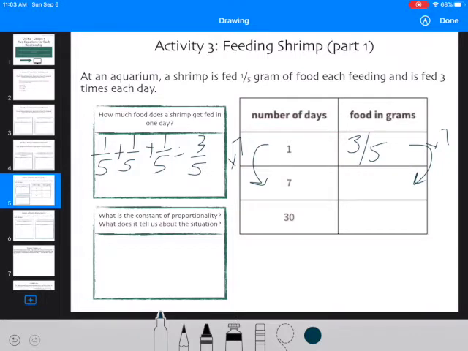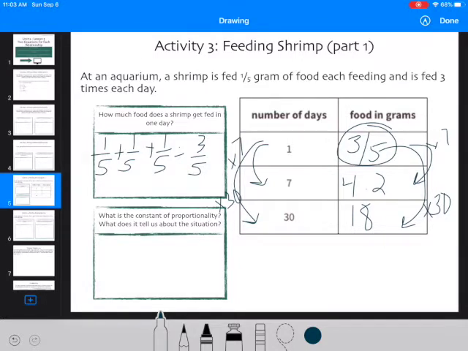So I get 21 divided by 5. So I get 4.2 grams in 7 days. And in 30 days, I get 18 grams. What was the constant of proportionality, and what does it tell us about the situation?